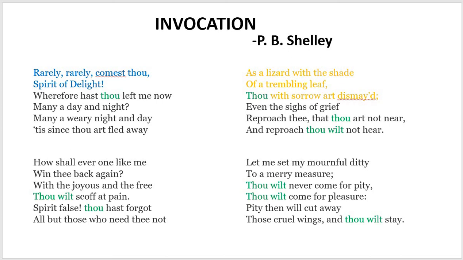Thus, instead of singing a mournful song, the poet decides to sing happy songs, because so far he has been complaining and singing sadly. But the spirit of delight feels no pity for a sorrowful man and therefore avoids him.